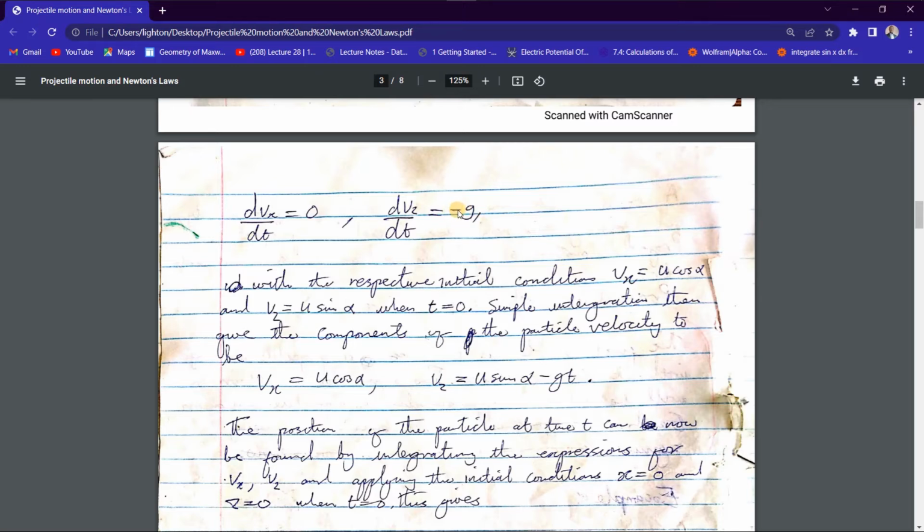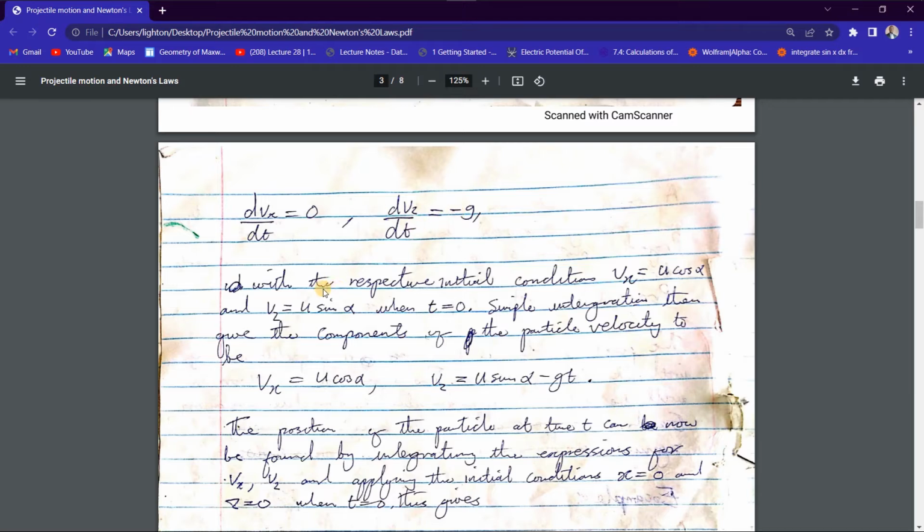And the minus here is appearing because we choose up as positive and down negative. Now, since gravity acts down, that's why there is a negative here. Since up is positive, down is negative. So one thing we know is that gravity always points downwards. That's why there is a minus here.